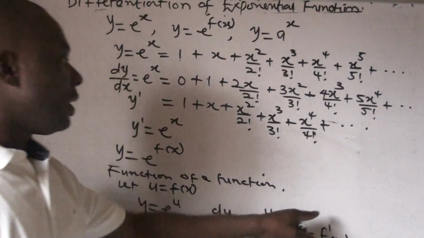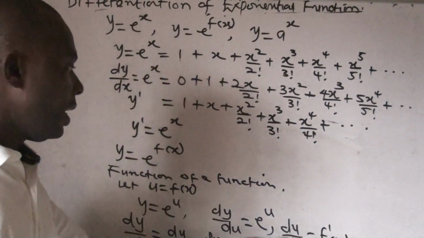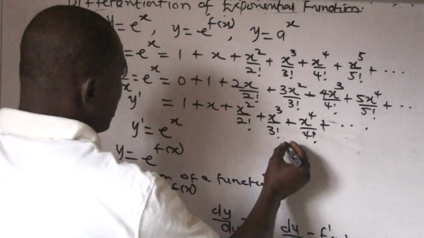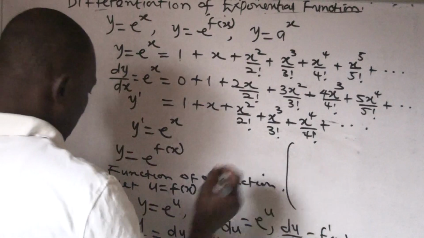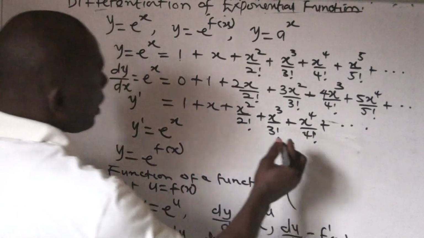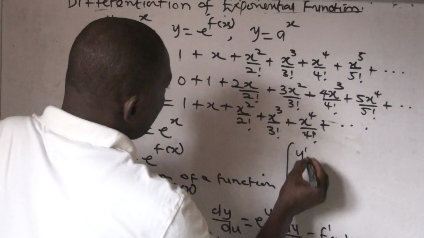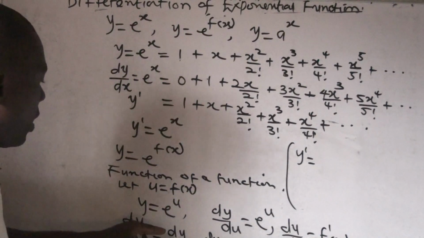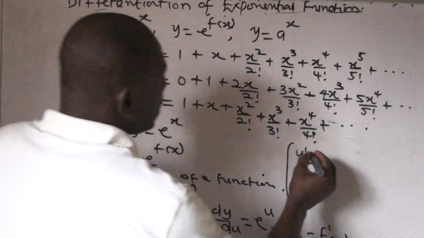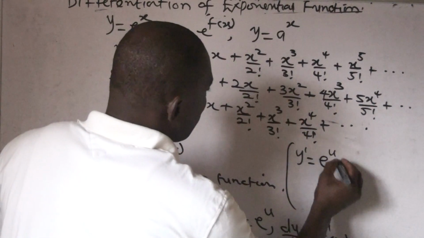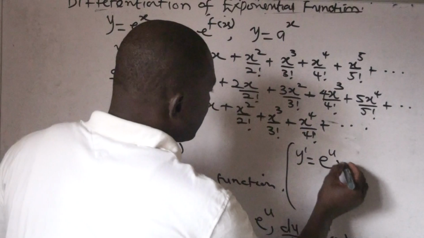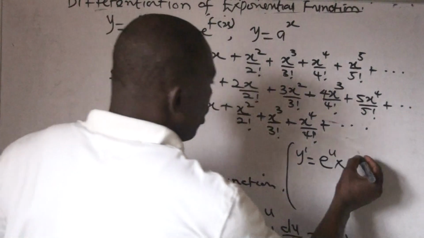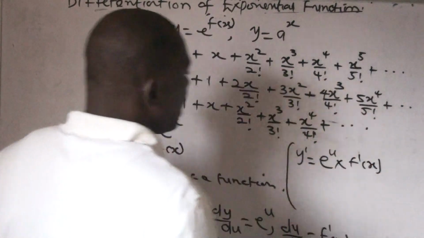So whatever this function is, when you differentiate it one time, is your du/dx. Then let's aggregate our terms here. Our dy/dx, which is now y prime, is equal to dy/du, which is e raised to the power u, times our du/dx, which is f prime of x. f prime of what? x.